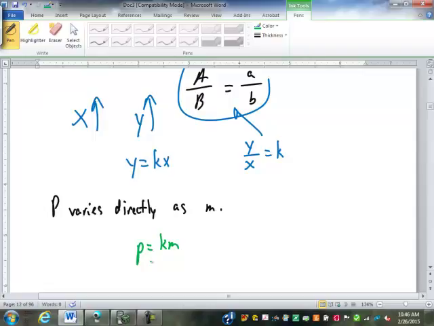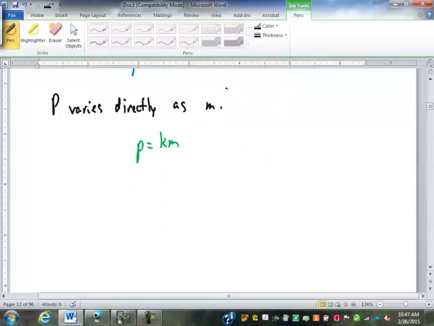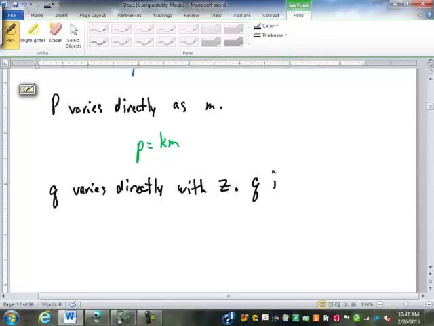Let's take that a step further. Let's say we were told Q varies directly with Z. Q is 18 when Z is 6.